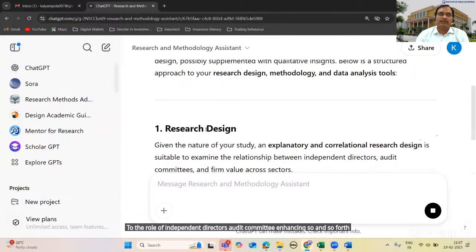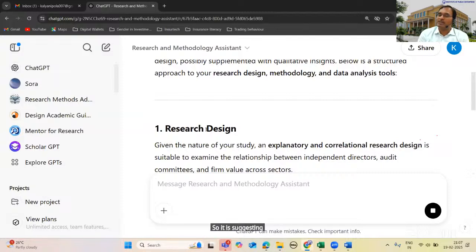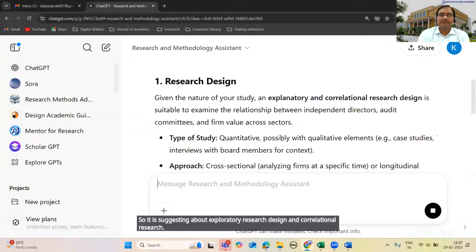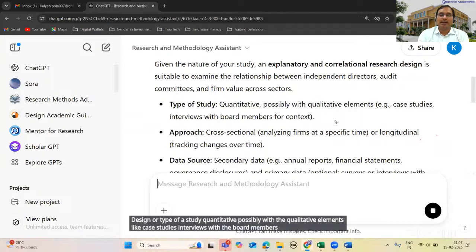Research design: it is talking about exploratory and correlational research design. Type of study, quantitative, possibly with qualitative elements like case studies and interviews with board members. Approach, cross-sectional, one particular point in time, multiple companies.